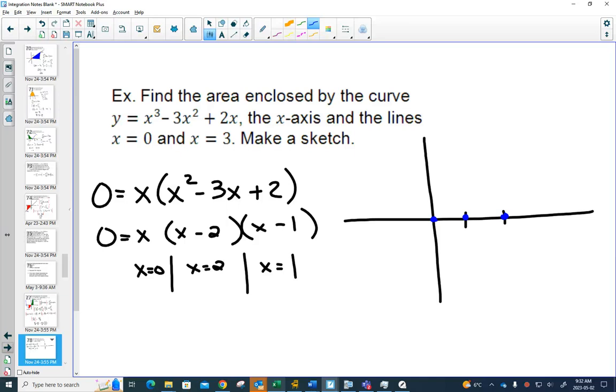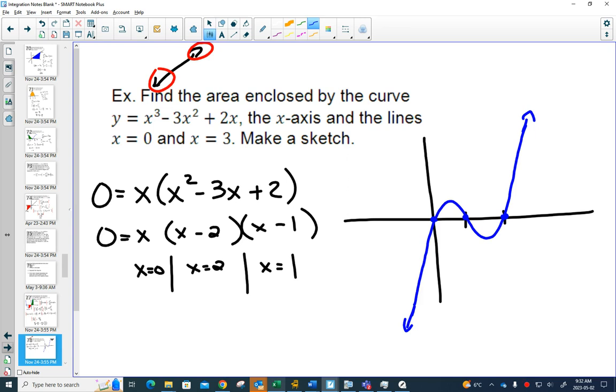I know this is an x cubed graph, so its end behavior, odd functions act like lines. Its end behavior is going to look like this for a positive x cubed graph. So I know my graph starts down here and has to end up here. And we have a picture of our graph.